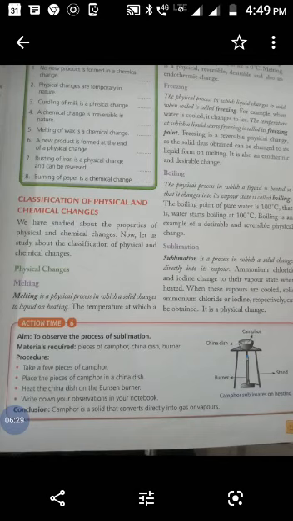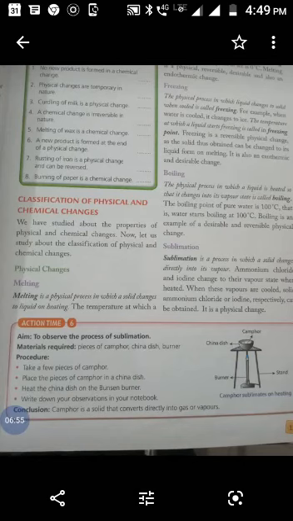Okay, just see Action Time 6. It is written here: to observe the process of sublimation. What materials have they taken? They have taken camphor and a china dish. You can see in the figure a china dish and a burner. Now take a few pieces of camphor in your china dish, and then heat it.